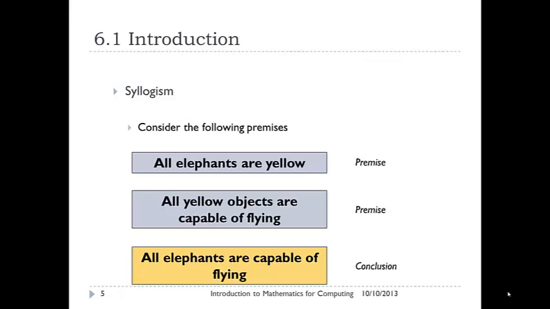But for the sake of the syllogism, we are not so interested in the actual veracity of those statements. For the sake of the argument, the critical point is that we are assuming that they are true. And given that assumption, or those assumptions, we can then reach a conclusion, which would also be true.